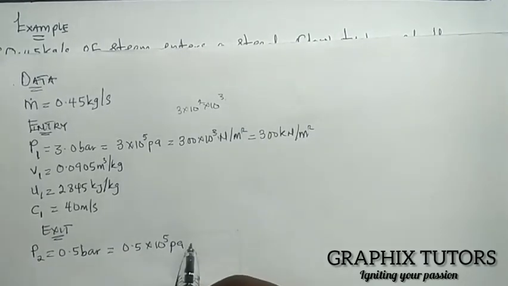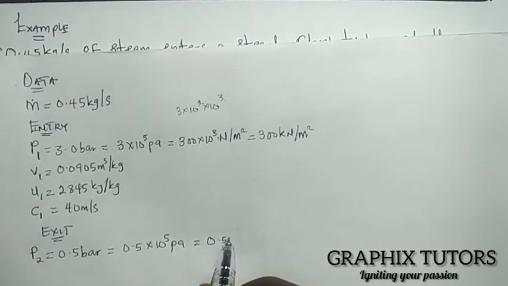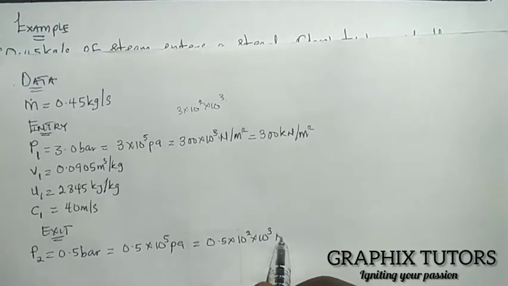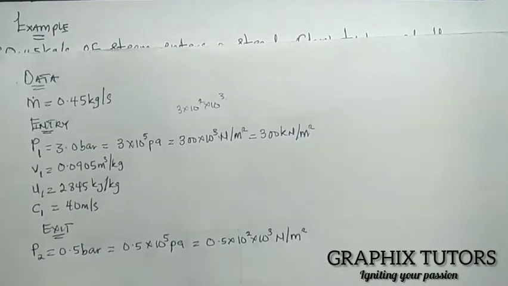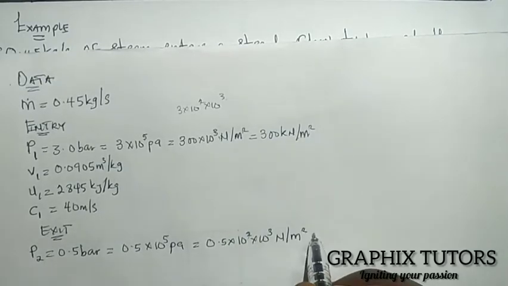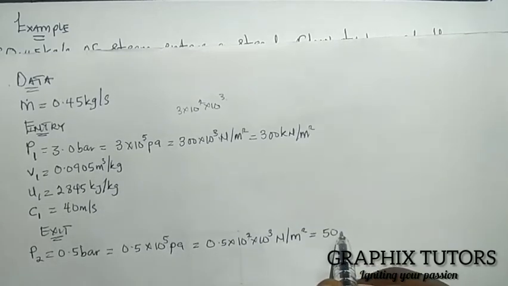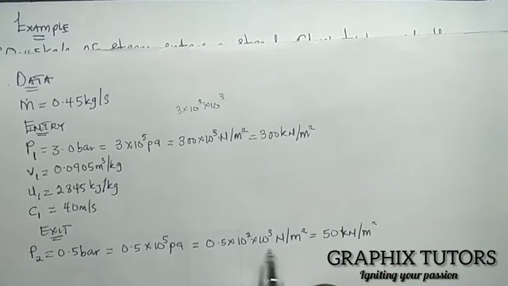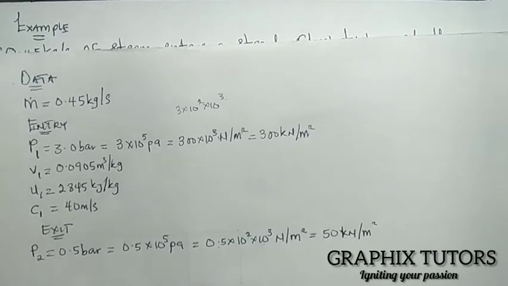That again is 0.5 times 10 raised to power 2 times 10 raised to power 3 Newton per meter square, because Pascal is Newton per meter square. Now 10 raised to power 2 is 100, and 100 times 0.5 gives you 50. So we have 50 kilonewton per meter square, because 10 raised to power 3 is kilo.